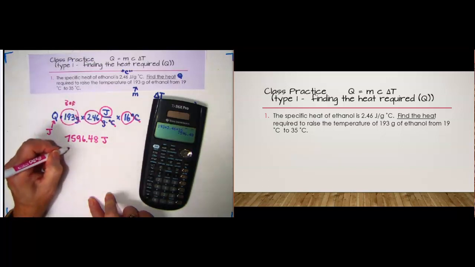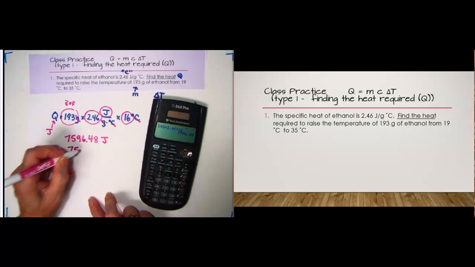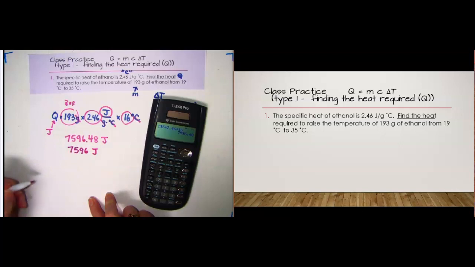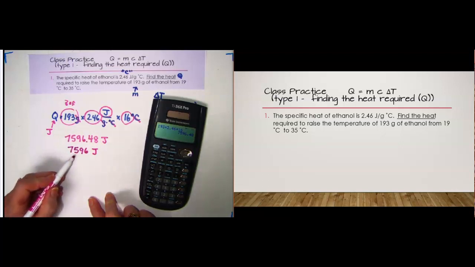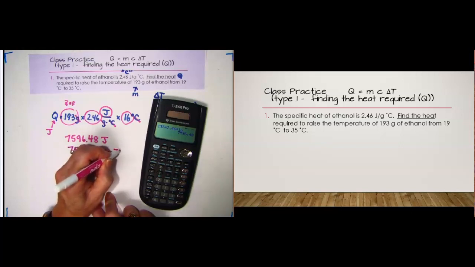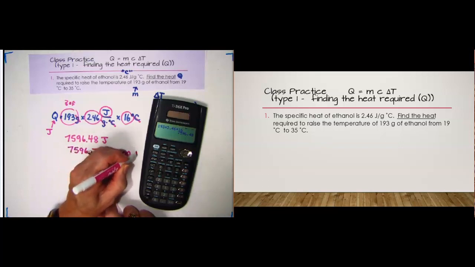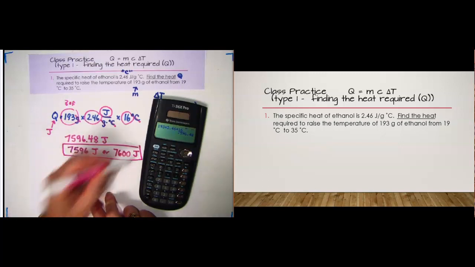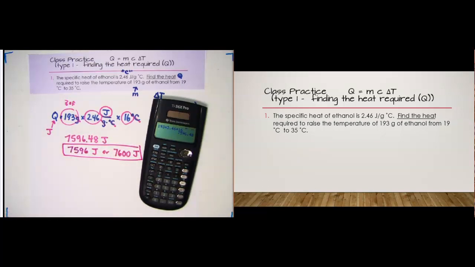So your answer could be this number that you're given. I'd be more than happy to have you just take it and not worry with the decimal places at all. Yes, that is 4 sig figs. Or you could get credit for it for just writing 7,600 joules. So that would be your answer to problem number 1.